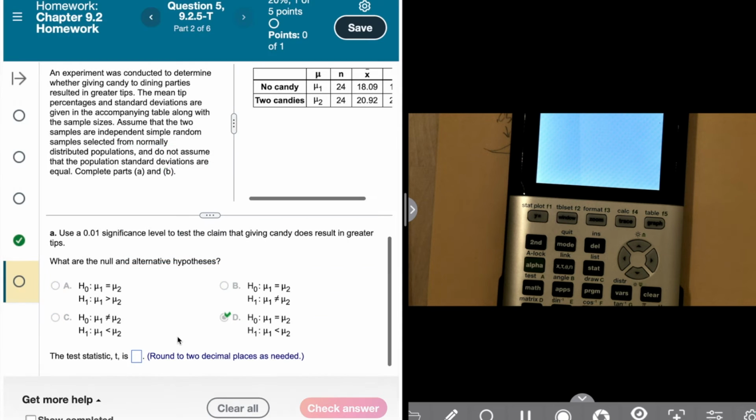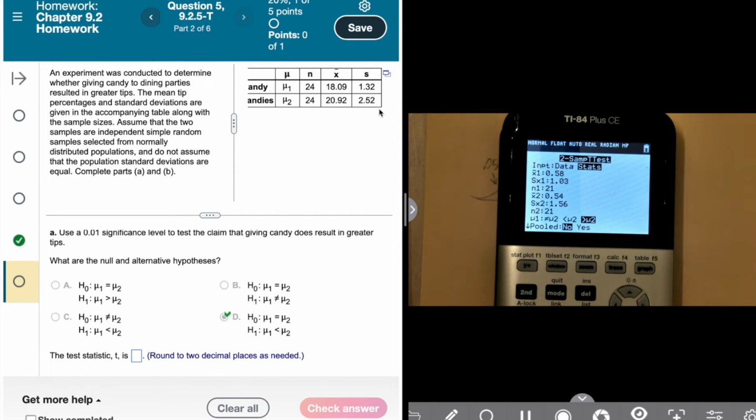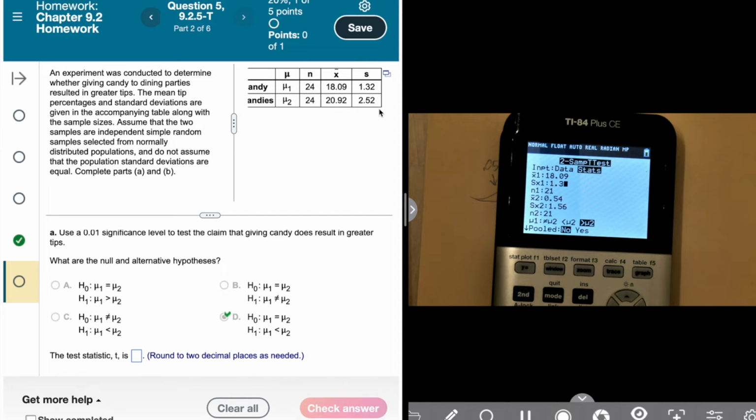There it is. We're going to run through the test statistic, again, by relying on our calculator. We might be able to just do this in StatCrunch, but we'll use our calculator because that's what we get on our exams anyways. So I'm going to input the data. X bar is 18.09. Standard deviation is 1.32. Sample size is 24.